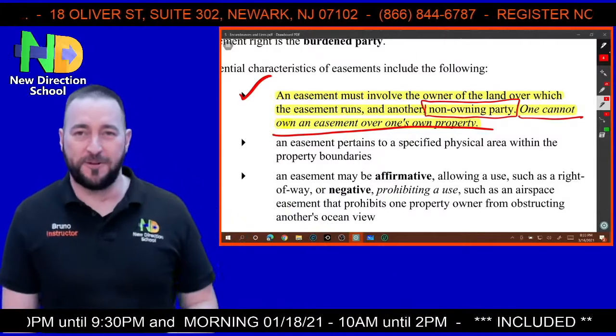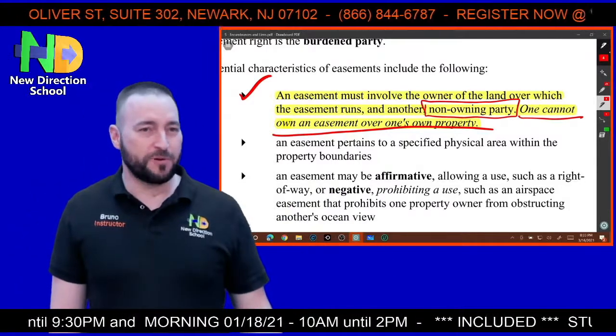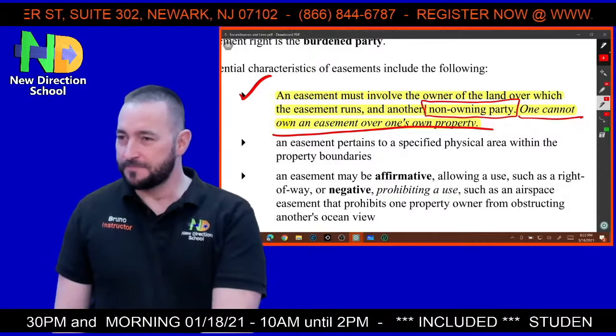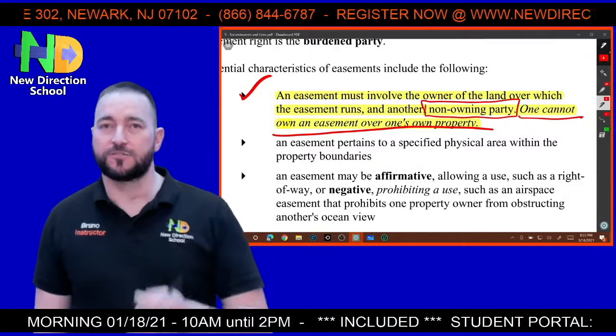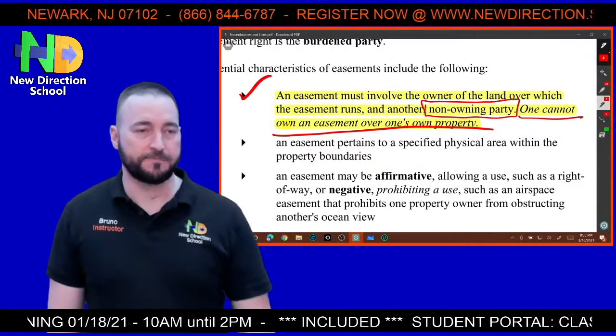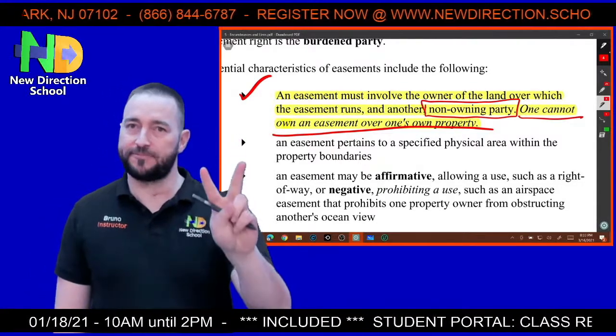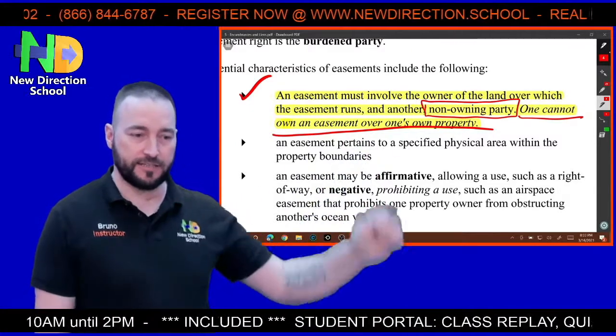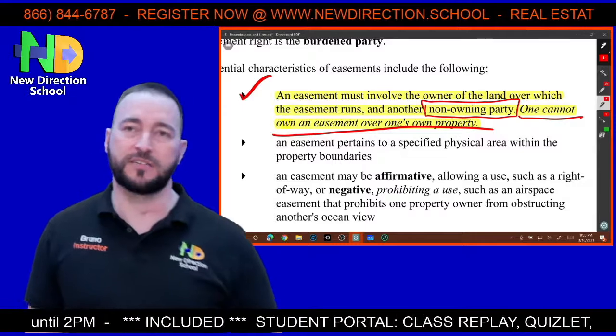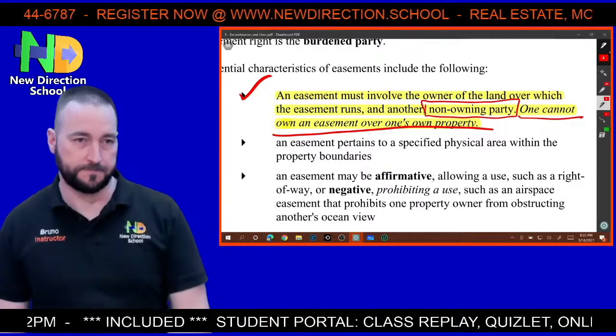In this scenario, would you ask permission to enter your own property? Doesn't make any sense, right? So for an easement to exist, there must be two different owners to that land. That's what we're saying here. It's highlighted. For an easement to exist, there must be two different owners. Okay?